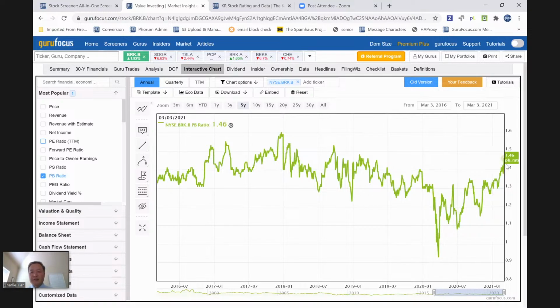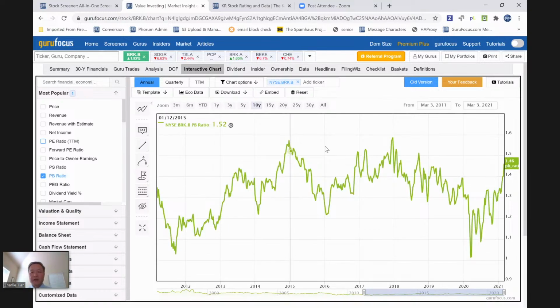Even now at 1.47, it has increased quite a bit over the past year, but it's still a pretty low valuation. Berkshire is worth a higher price to book ratio now than it was 5 years ago, because Berkshire now has more non-financial operations, and at this current valuation, I believe that Berkshire Hathaway is either fair or undervalued at this point.